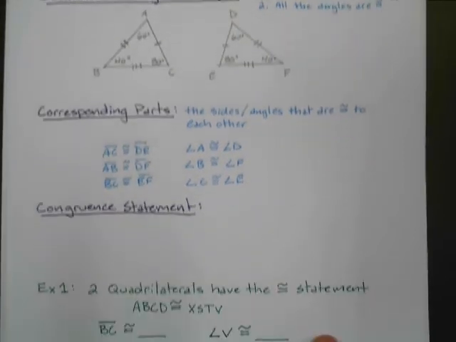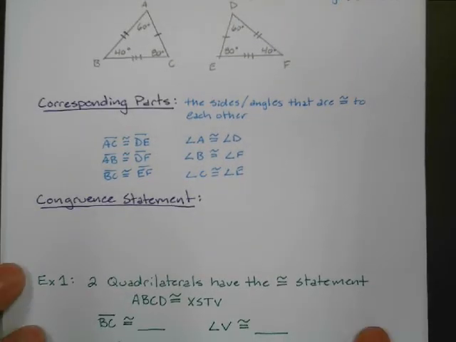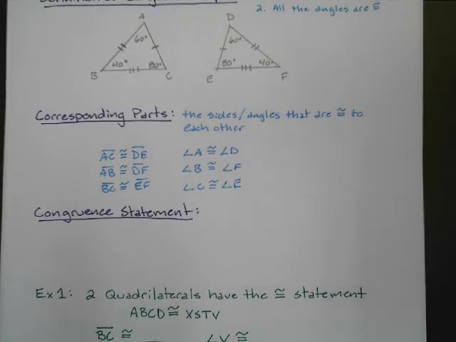Now, a congruent statement is how we write out the two triangles, and it has to be very specific.